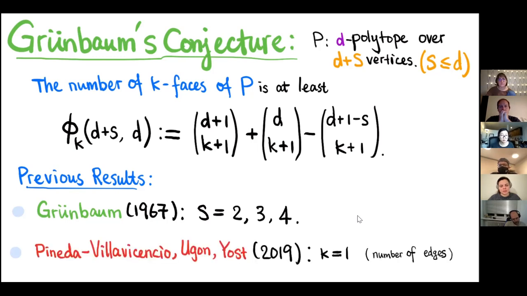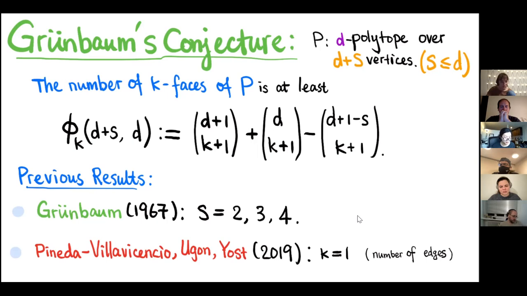The next result that we know was from a paper in 2019 by the following authors. Sorry, I'm pretty sure I would mispronounce the names, but they are Pineda-Villavicencio, Ugon, and Yost. They proved the case when k equals 1.